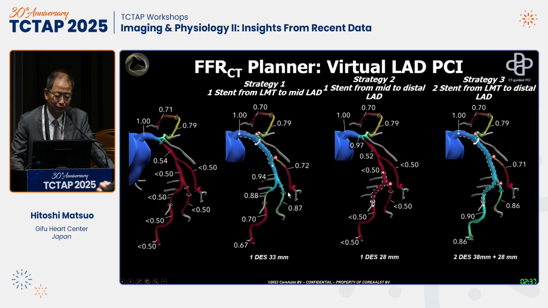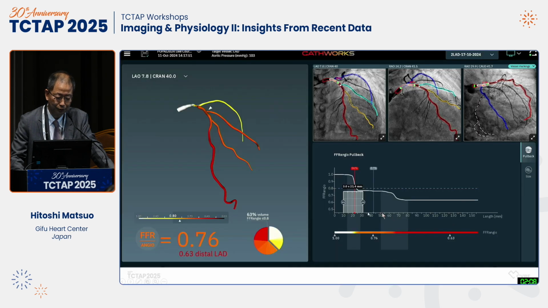And by using the FFR CT planner, we can plan the PCI, deciding which part of the lesions should be covered with a stent to get the maximal obtainable effect physiologically. You can see that only one stent, proximal or distal, doesn't get a good result after the PCI. And after 2 stents here, you can see a very beautiful result. FFR is coming to 0.86.